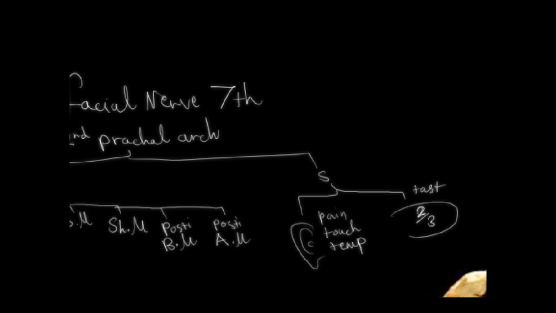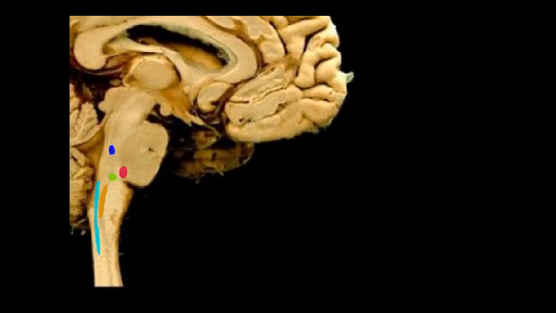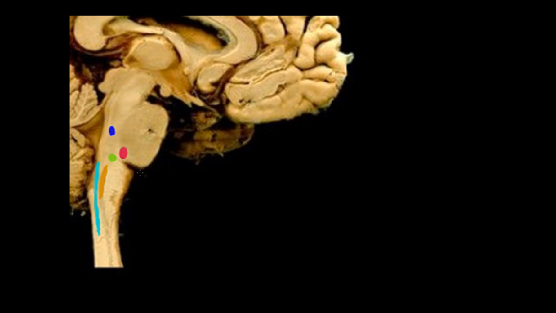Okay, then we go to this part. Here is the facial nucleus. Here is the abducens nerve, which is not a facial nucleus, it's just the sixth cranial nerve.